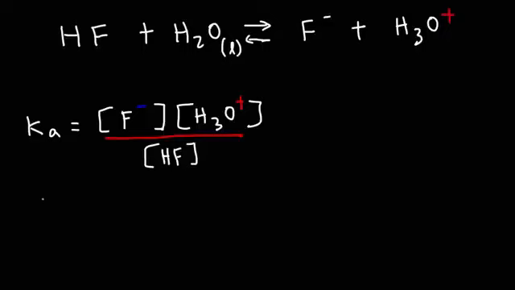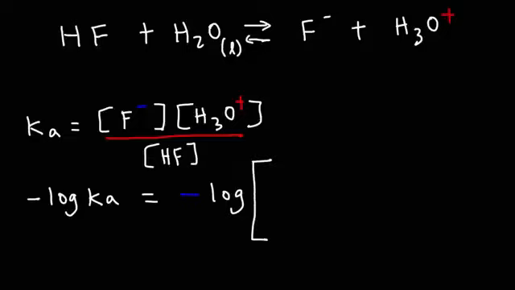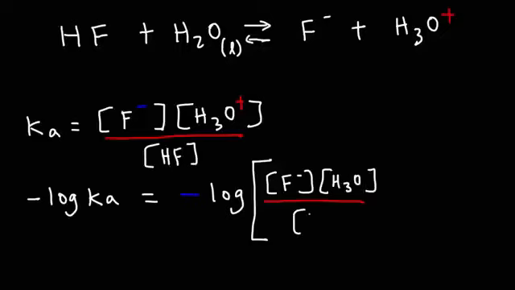Now what we're going to do is we're going to take the negative log of both sides of the equation. So we're going to have negative log of Ka, and that's going to be equal to negative log of the right side of the equation. So we have F minus times H3O plus divided by HF.